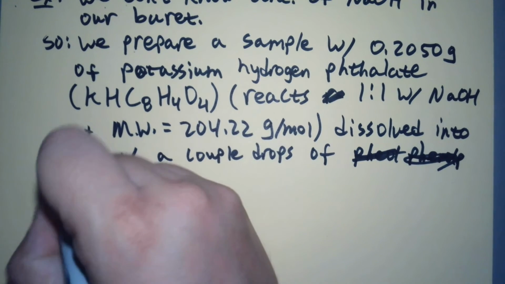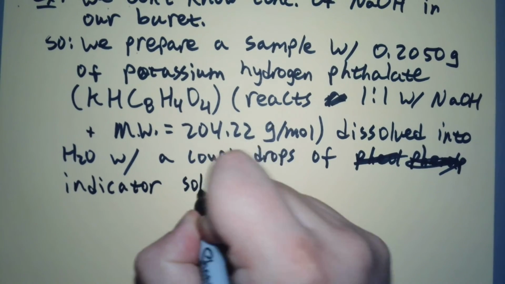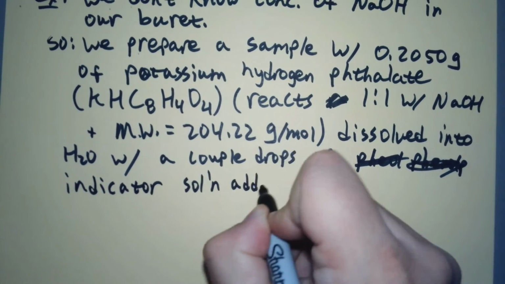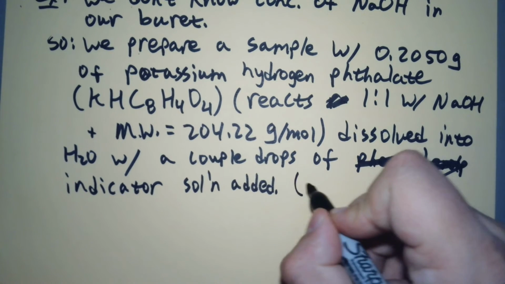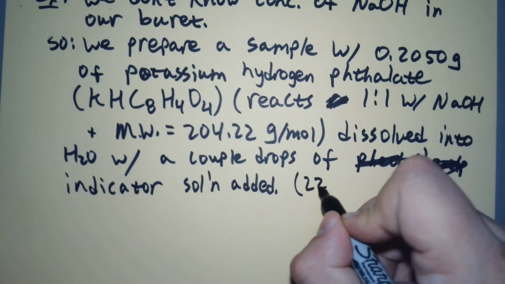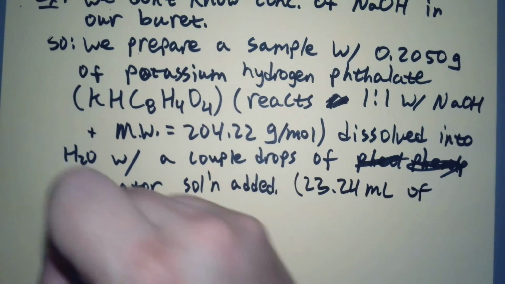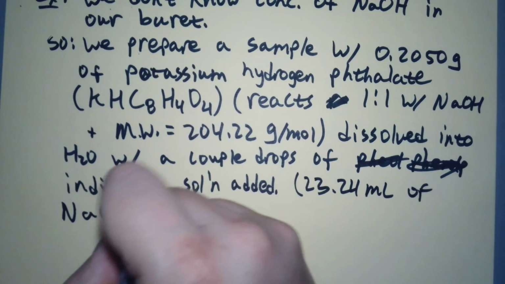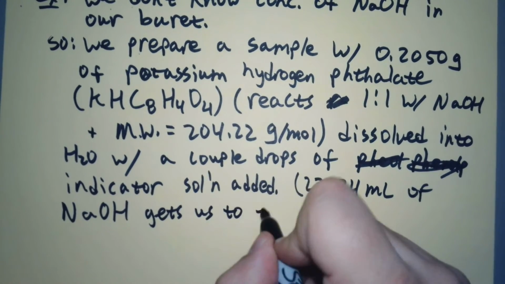We'll just say of indicator solution. Okay. And so 23.24 milliliters of NaOH gets us to the equivalence point.